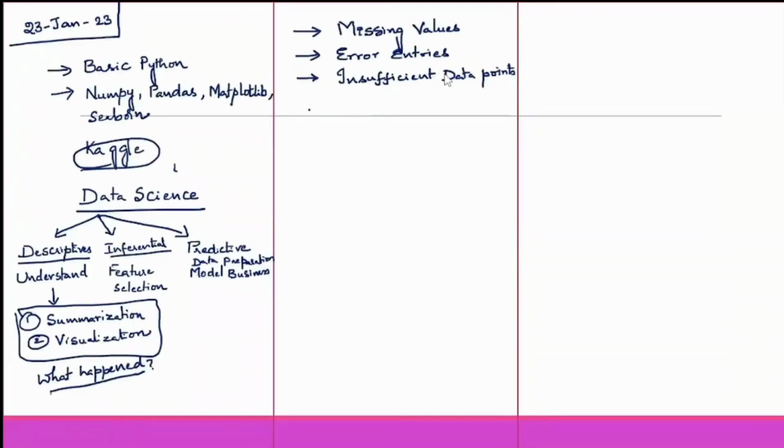Are there any extreme observations? Are there any variables that need to be omitted? And possibly a couple more things as well. These are some of the major objectives that I would like to attain by doing the descriptive statistics.